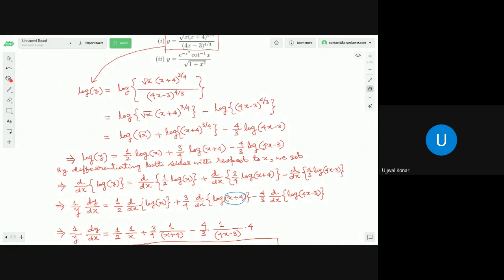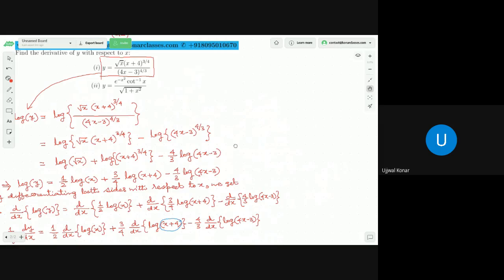Do any one of you have any statement that, yes sir, because of this I made a mistake? Okay. If not, then I can proceed to the next question. With the u by v approach, in the first step I was getting 4x minus 3 to the power 4 by 3 d/dx of root x into x plus 4 to the power 3 by 4.